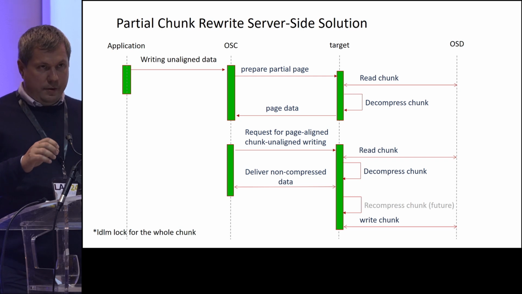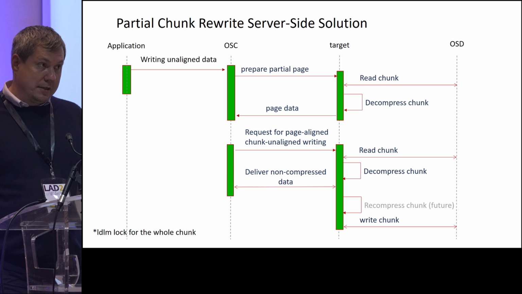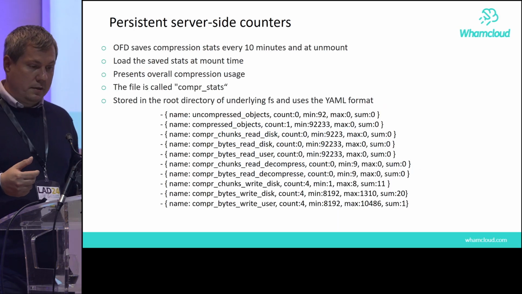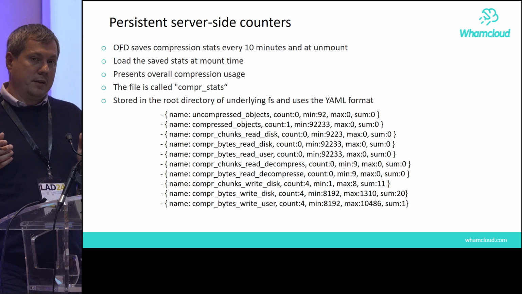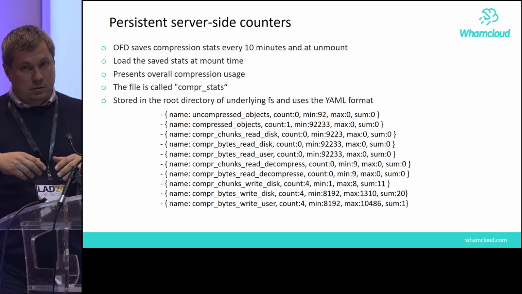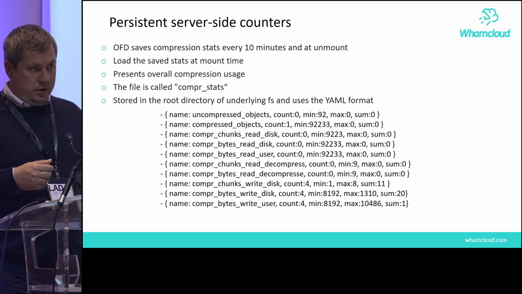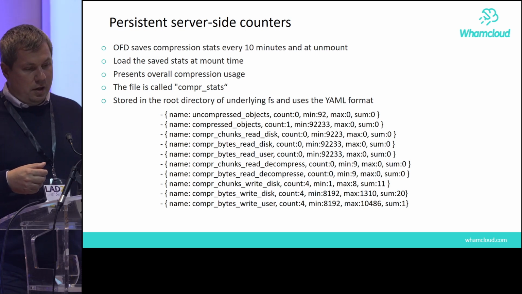So in next steps, to understand the best cases, we need some means, some statistics, and such statistics were added. There is server-side persistent statistics that can live between Lustre remounts, and there is client-side statistics which live only after mount until unmount.